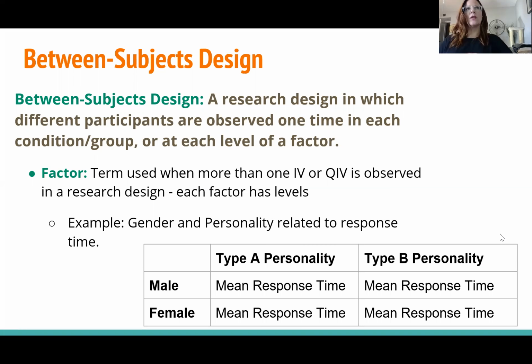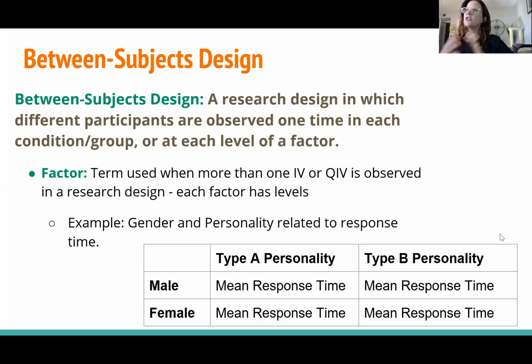So one of the terms that you'll be exposed to, and mostly you'll see this within your statistical software, such as PSPP or SPSS, is the term factor. Now, factor is basically the same thing as independent variable or quasi-independent variable.